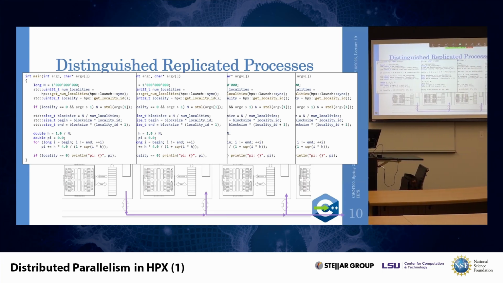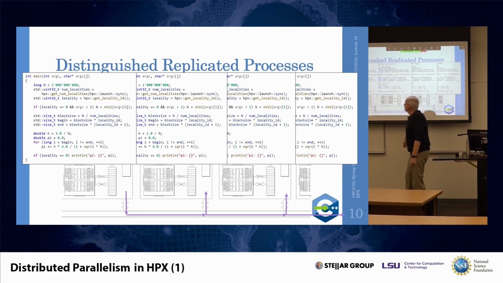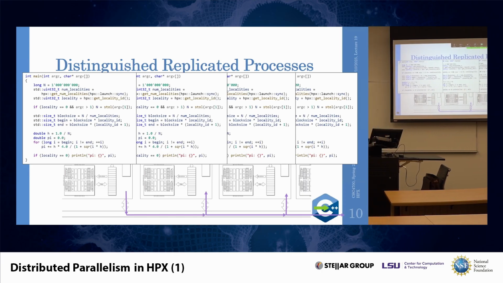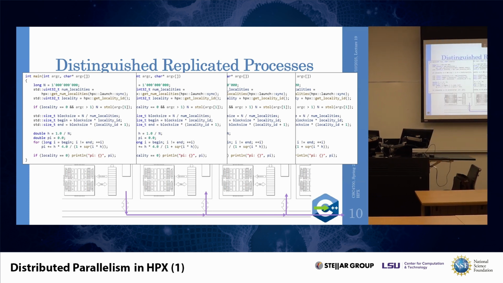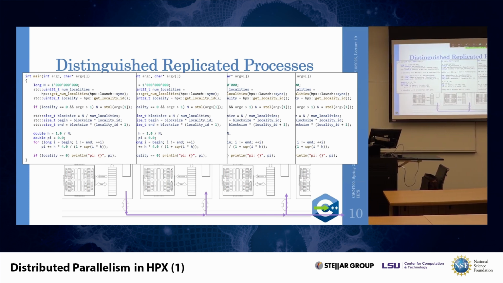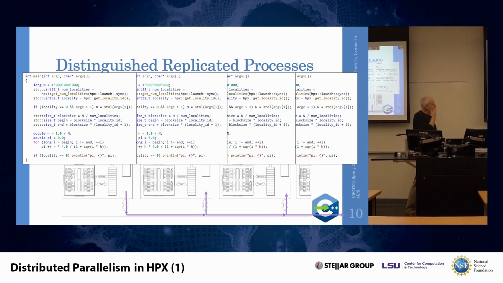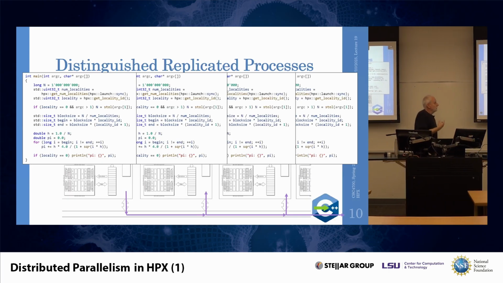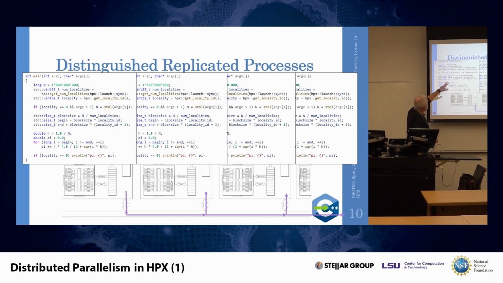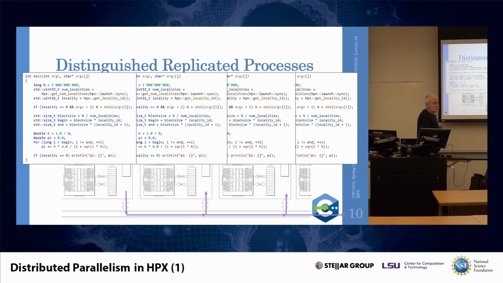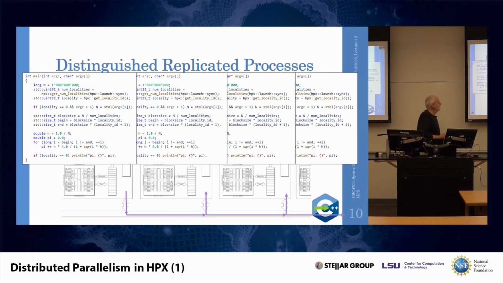That requires us to do additional computations, so we have to somehow compute the begin and end of our iteration, which is different on each of those instances of the processes, and we compute it based on two values: A, on the knowledge how many of those processes are connected to it, how many nodes are involved, and what is the sequence number of each of those nodes. And once we have these two numbers, which in this case we ask HPX, the current process can give you that information.